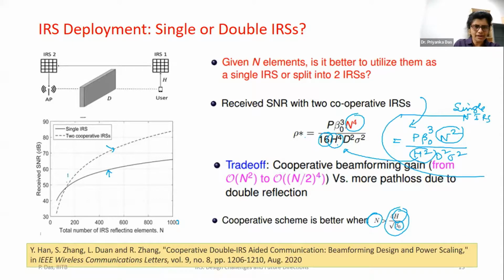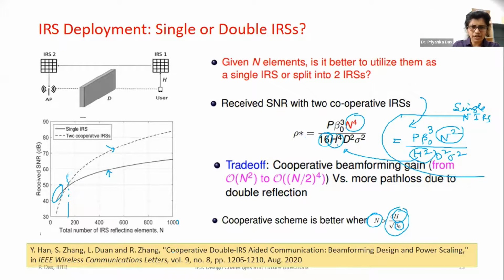You have a region below this where my single one will win, and beyond this, when N is greater than a threshold, your cooperative one will win. It will give you more received SNR, and it increases faster with respect to the number of elements in the IRS.